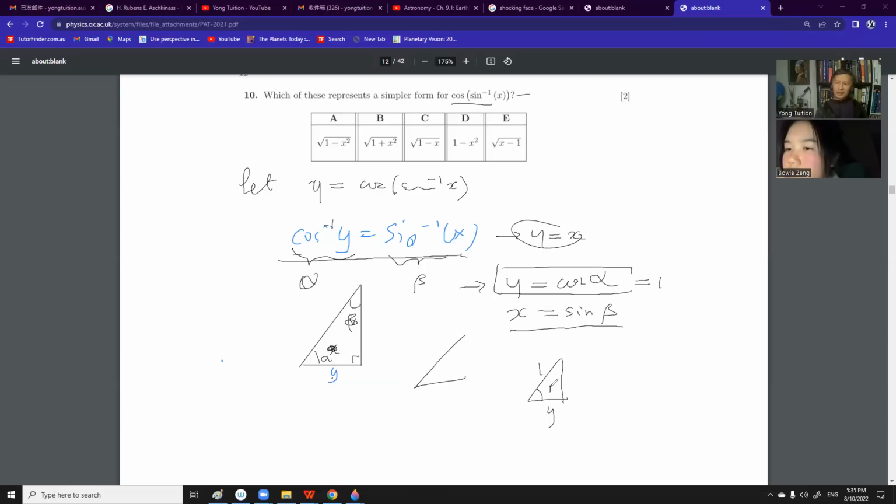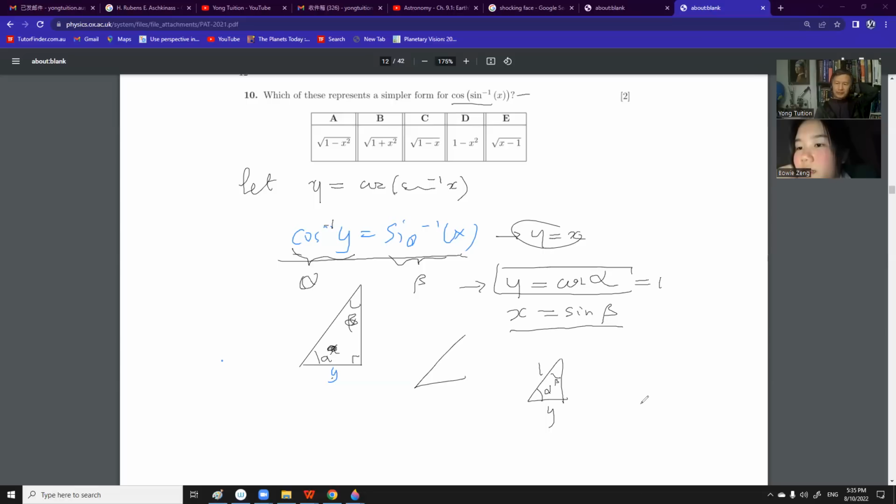This alpha, beta is x, because beta is sine. By definition sine is opposite over hypotenuse, right? But we cannot satisfy this condition, right? But it is true though, because x equals y.